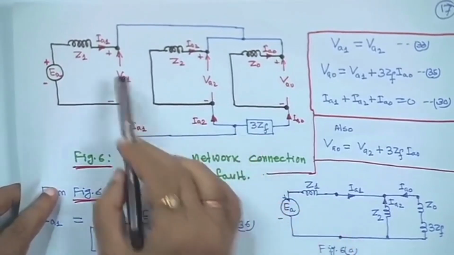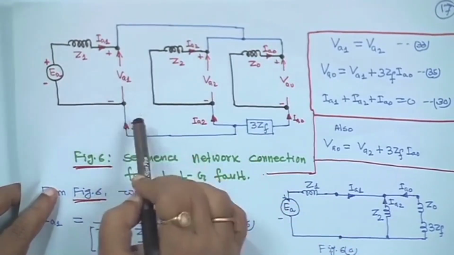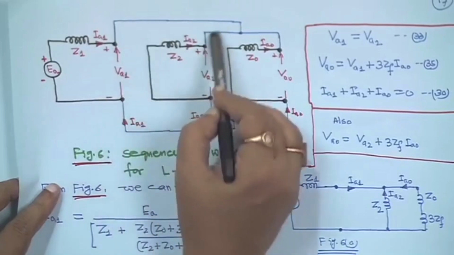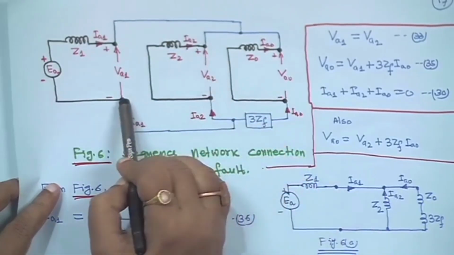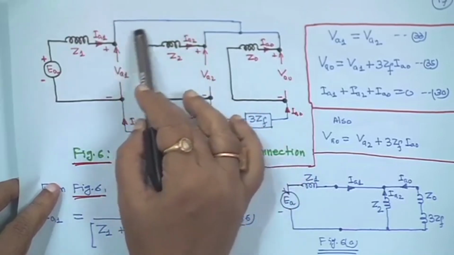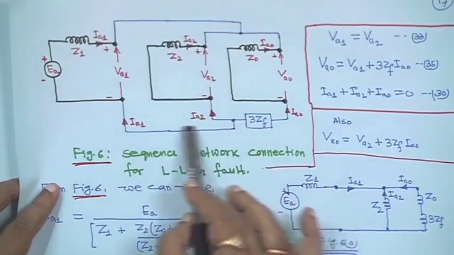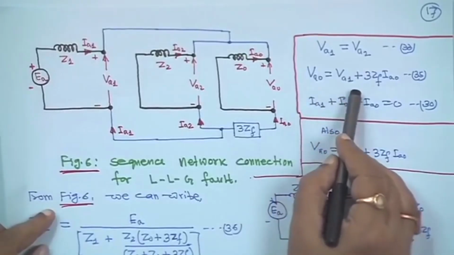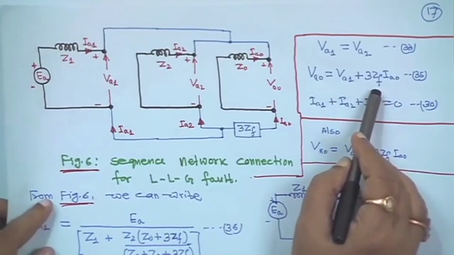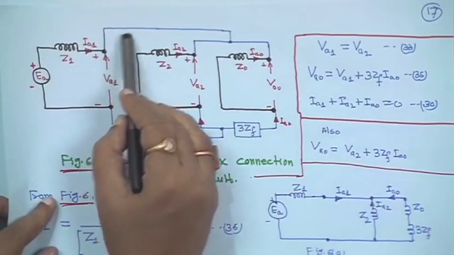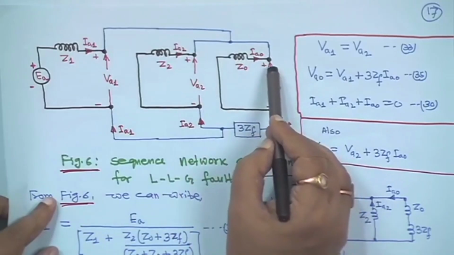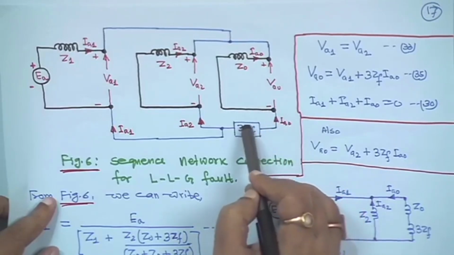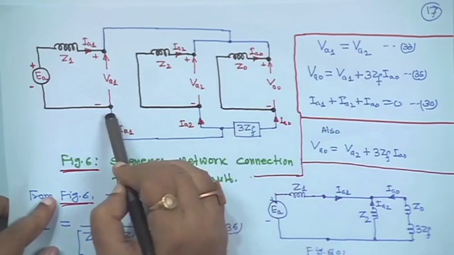This is VA1 equals VA2, because if you make a KVL here, the loop goes through plus VA2, comes back, minus VA1 equals 0. And for VA0 equals VA1 plus 3 ZF IA0, if you make a KVL loop here, it will be plus VA0, then this current is going, so it is opposing, minus IA0 into 3 ZF, and then minus VA1 equals 0.